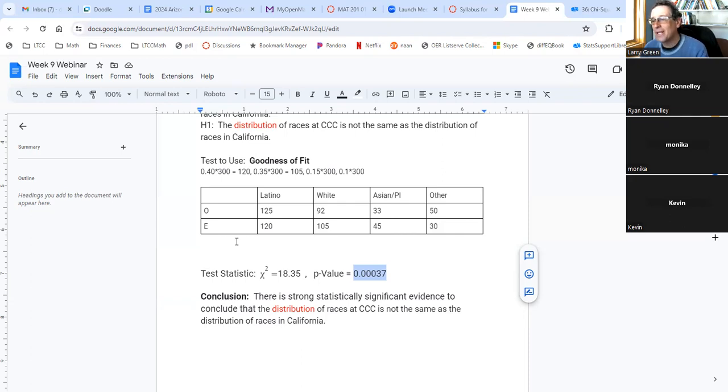You have another population with an unknown distribution, and you want to see if the unknown distribution is the same as the known distribution. See how it works? Okay, so it's not just because it's a qualitative, not yes, no question.